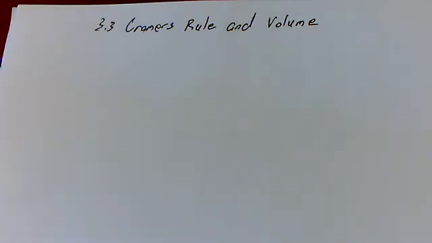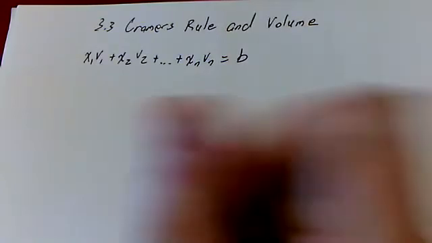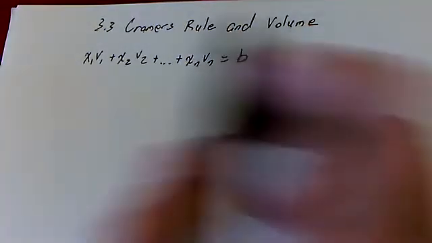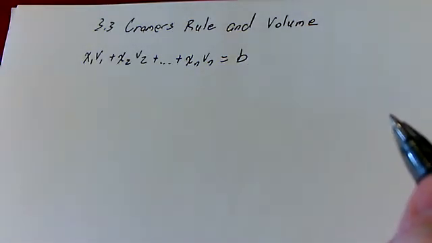So if I have a linear system, or a vector equation, that looks something like this, we should be familiar with it at this point. I've got my variables x1 through xn, I've got my vectors v1 through vn equal to some b, and this corresponds to a system of equations.